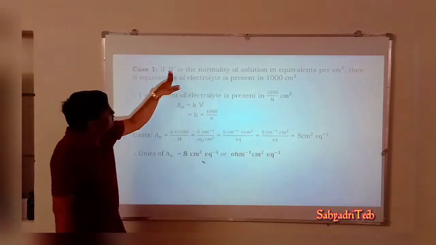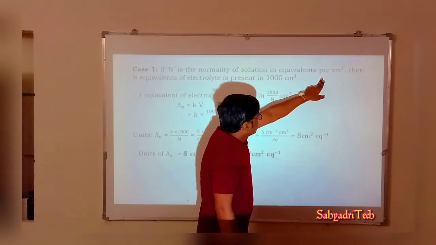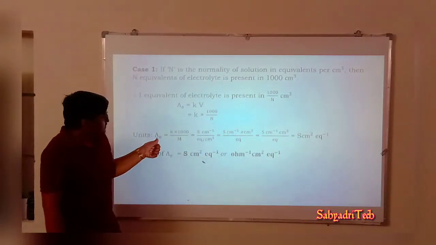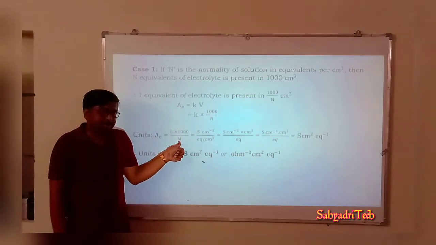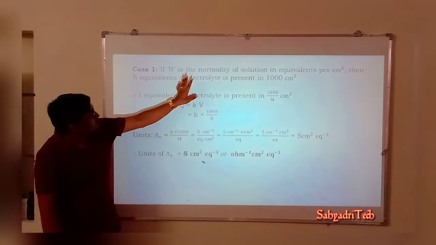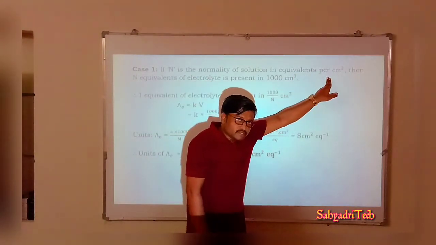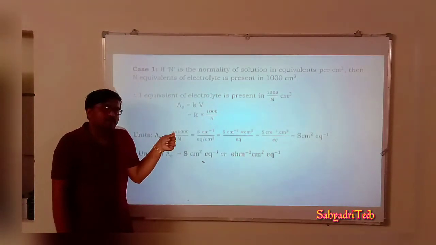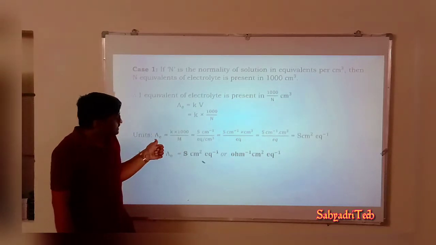If normality is expressed in terms of equivalents per centimeter cube, then the formula is lambda E is equal to kappa into 1000 divided by N. Now what is the unit here?